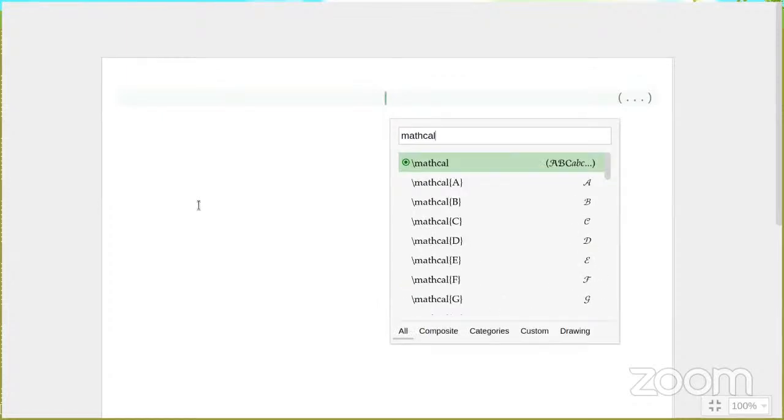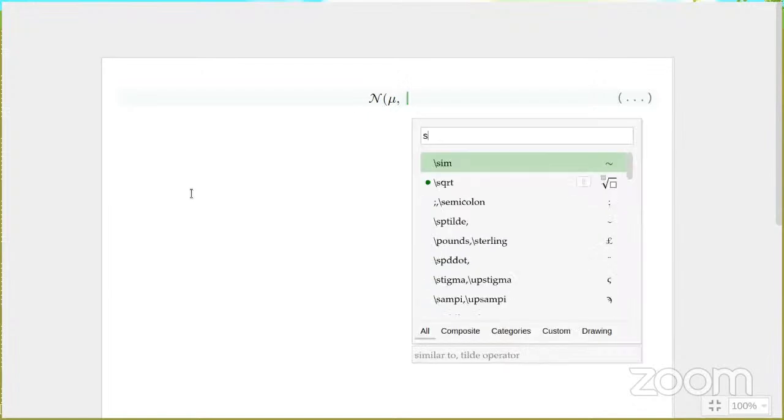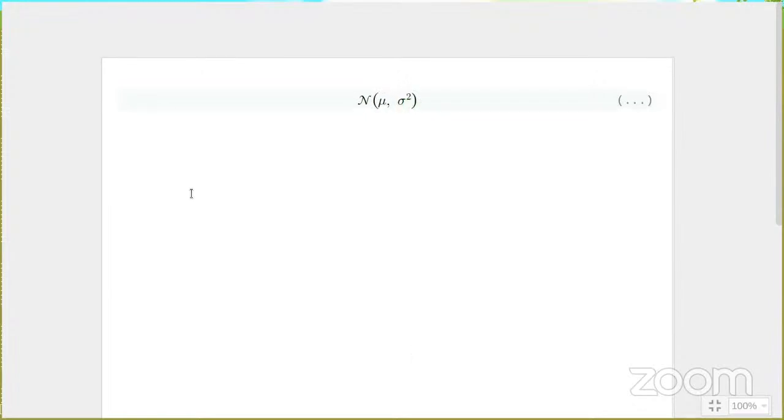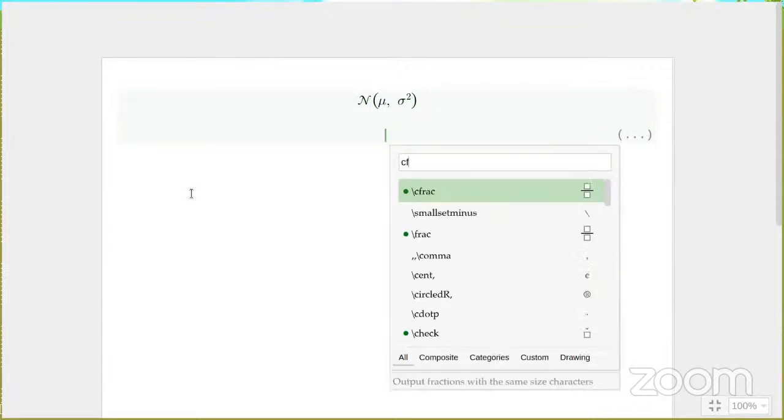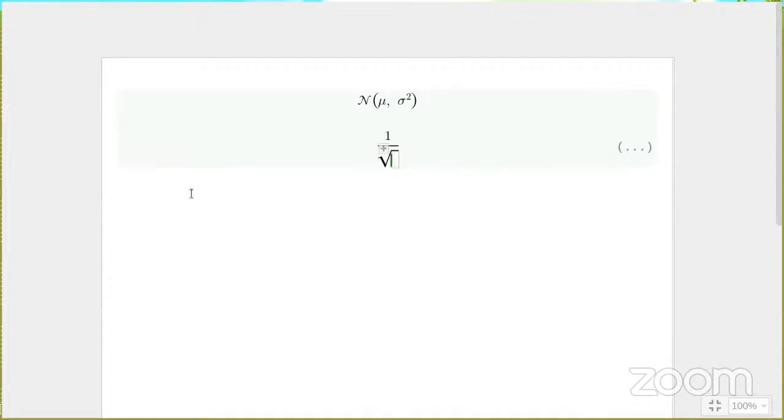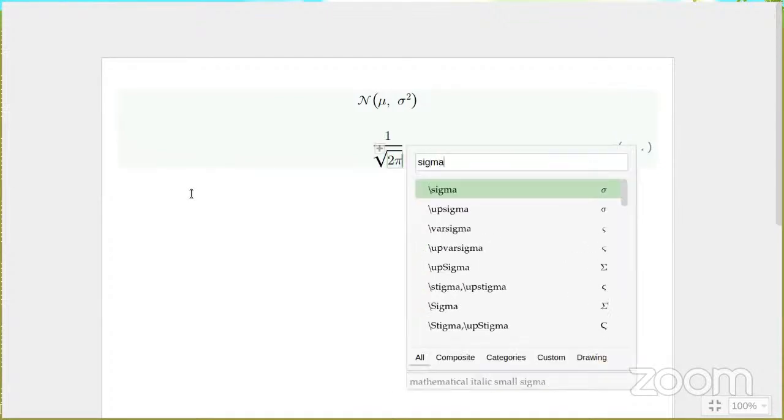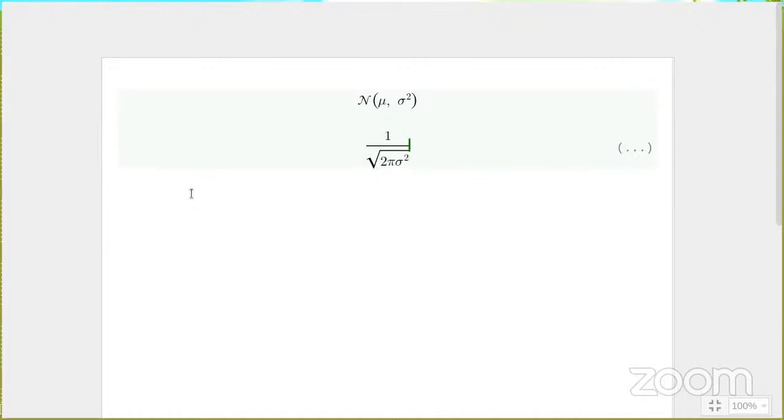Okay, so I don't know how to write this in LaTeX. This is 1 by root of 2 pi sigma square, exp of minus half, x minus mu.